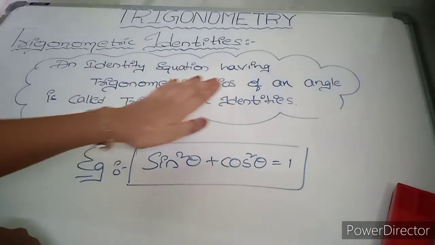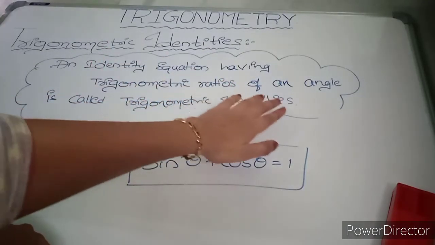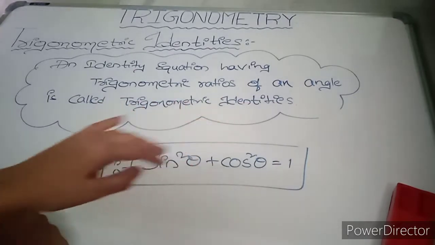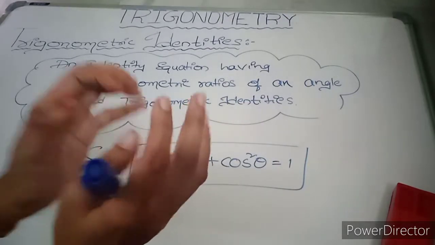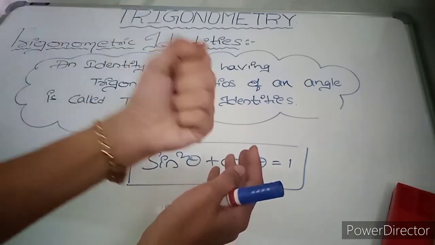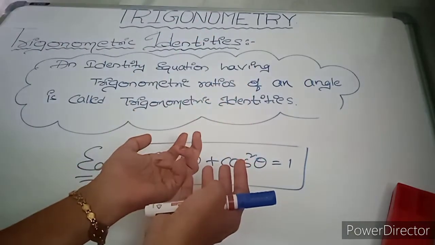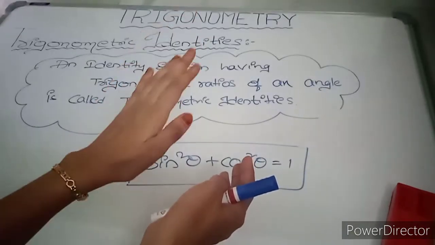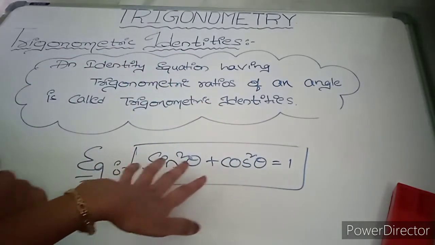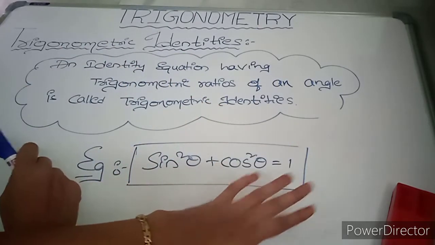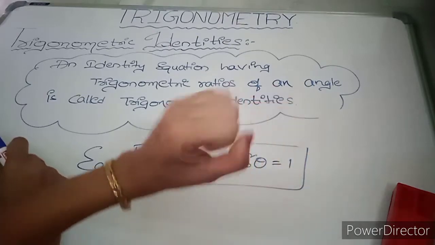An identity equation having trigonometric ratios of an angle is called a trigonometric identity. See, an example is sine square theta plus cos square theta is equal to 1. This is a trigonometric identity.